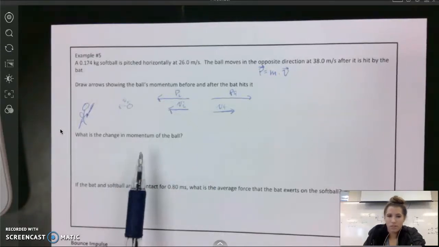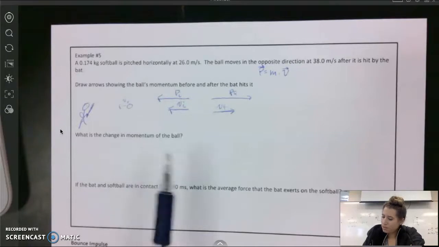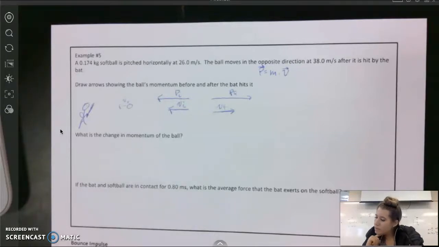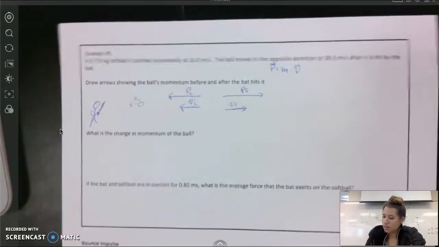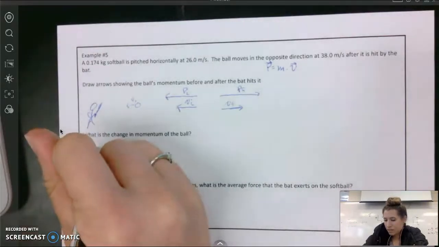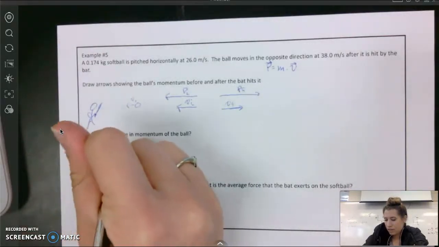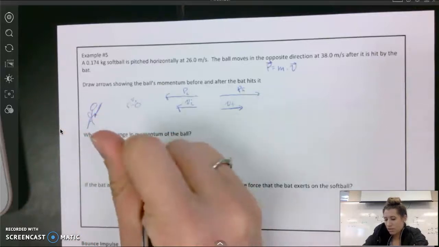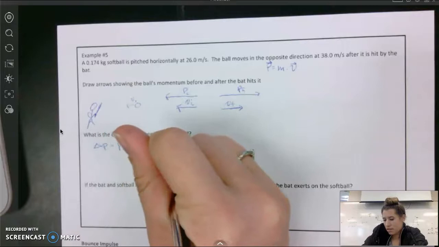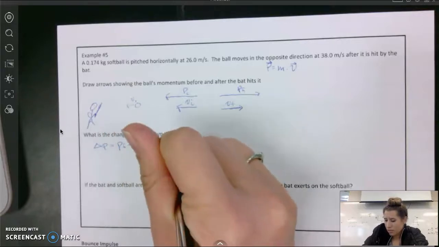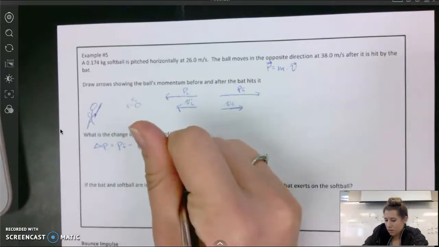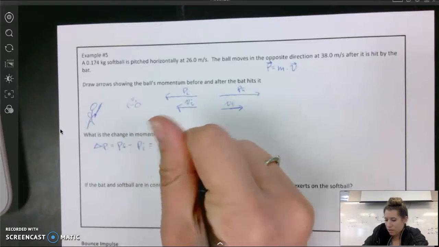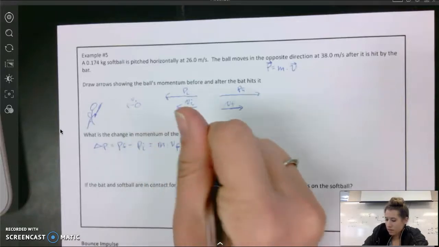What is the change in momentum of the ball? We know the mass and we know the velocity. Change in momentum is momentum final minus momentum initial. And momentum is mass times velocity. We have our final component subtracted from our initial.